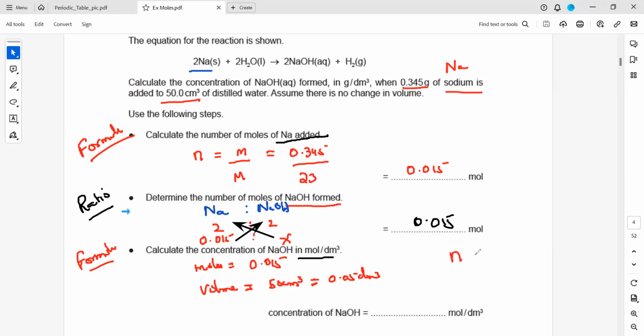So we'll use the formula: moles is concentration times volume. Because we need the concentration, we substitute the values. We have the moles, which are 0.015, the concentration we don't know, and the volume is 0.05. Cross multiply, like divide 0.015 divided by 0.05.